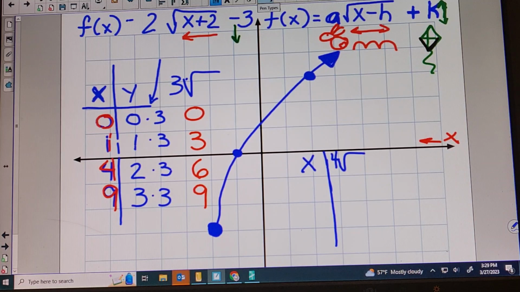Like with a 4 in front, the x's would be 0, 1, 4, and 9. And if there was a 4 in front, it would be 0, 4, 8, 12. So I suggested that kids make little tables like this in their notes so that they have them and will not have to look those up during a test or a quiz.